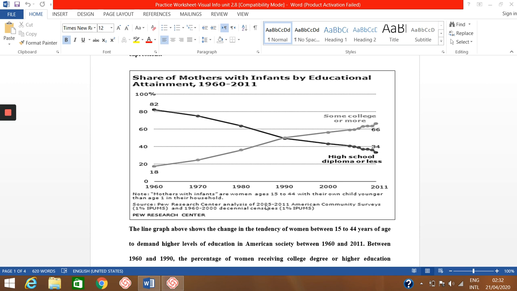If you remember, in our previous lecture, we mentioned several points concerning using visual information, and we concentrated on charts generally, and we said that there are a few points that we need to consider as far as charts are concerned.